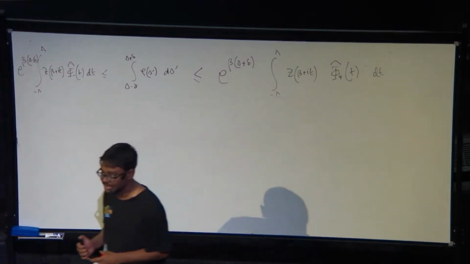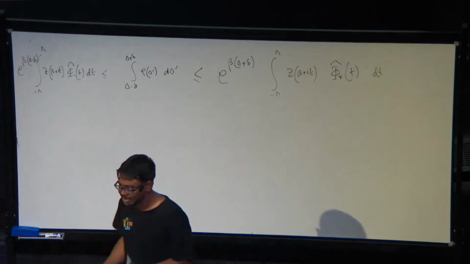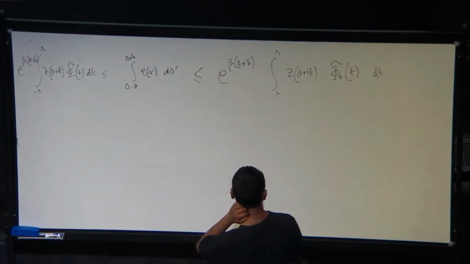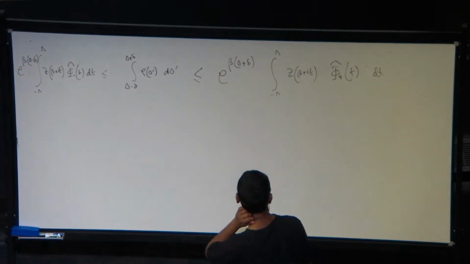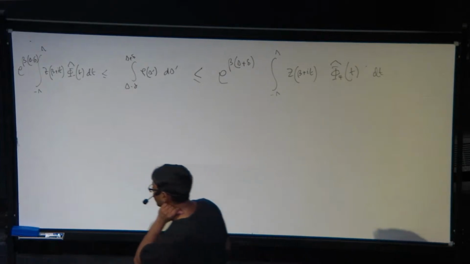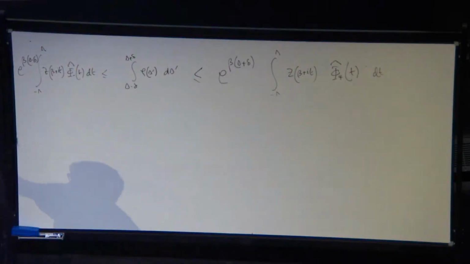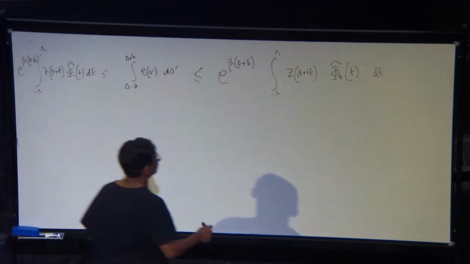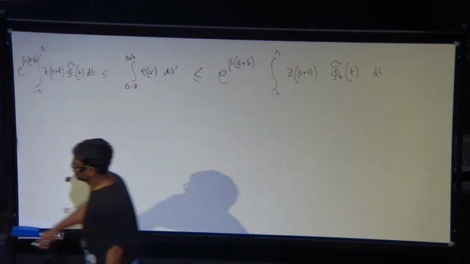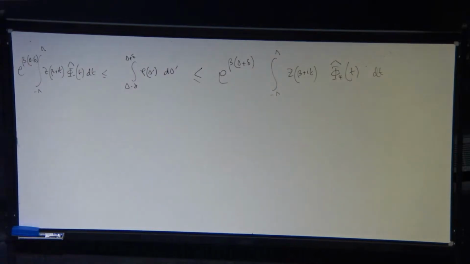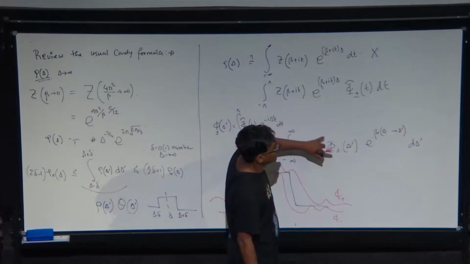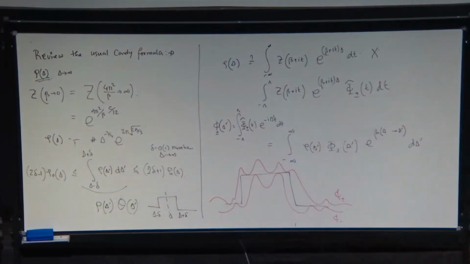Shouldn't it be beta times small delta, based on what you wrote there, beta delta minus delta prime? You had an exponential e to the beta delta. Yeah, I jumped some steps, but you write this as, so this is same as this. And yeah, there should be an i t delta, you're right.